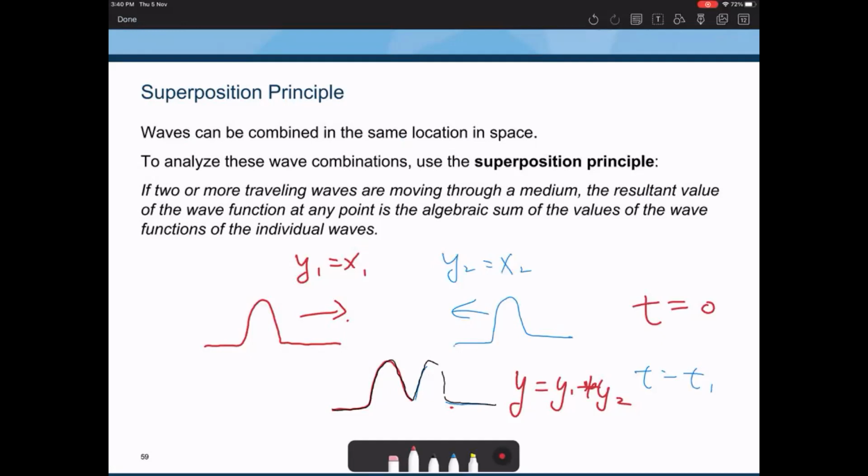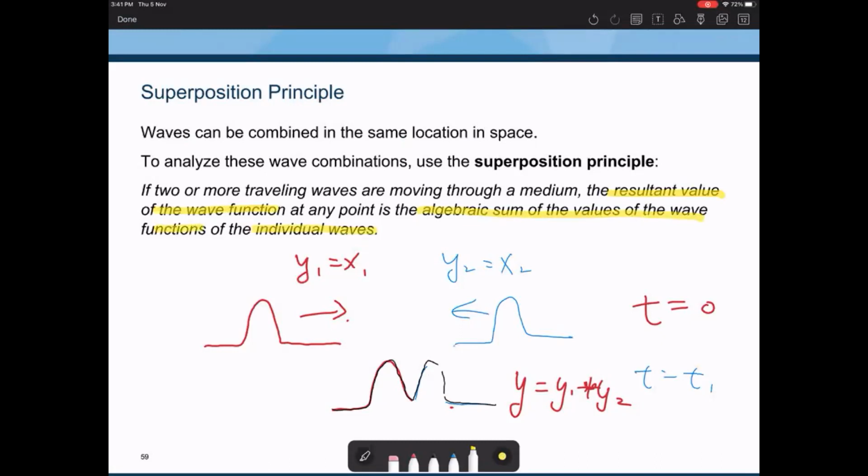So if you have two waves that are traveling towards one another, then as the description suggests, the resultant value of the wave function, or the resultant magnitude of the displacement at any point, is just the algebraic sum of the values of the wave functions of the individual waves.